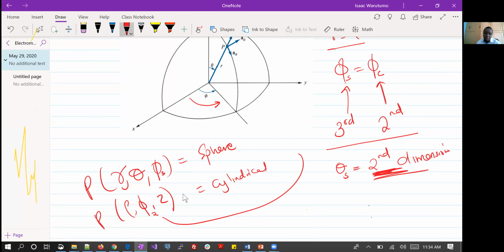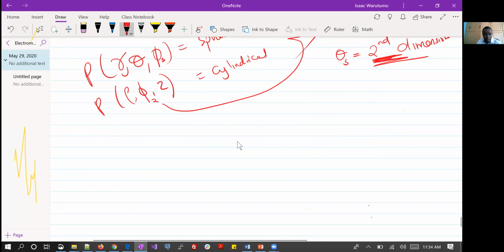It is very important because when we start doing the unit vector multiplications, we're saying AR cross A theta cap. We are going to realize that this becomes the third parameter, which is A phi. So they follow that order.